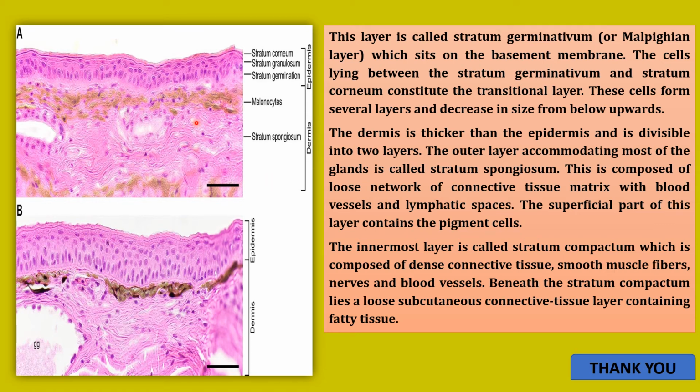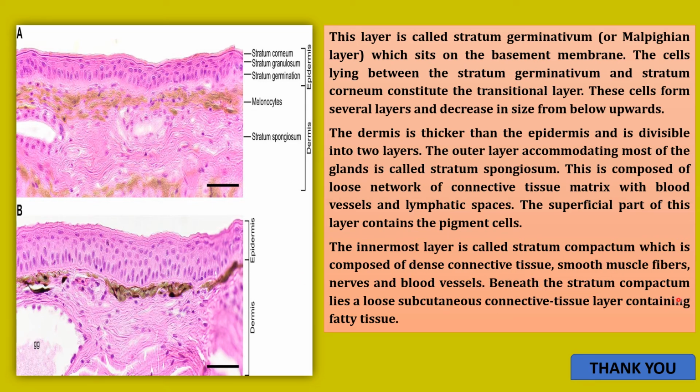This one consists of loose connective tissue and this one consists of dense connective tissue. Here in stratum spongiosum there is connective tissue matrix with blood vessels and lymphatic spaces, but in stratum compactum there are smooth muscle fibers, nerves and blood vessels. That means no lymphatic spaces are present over here.